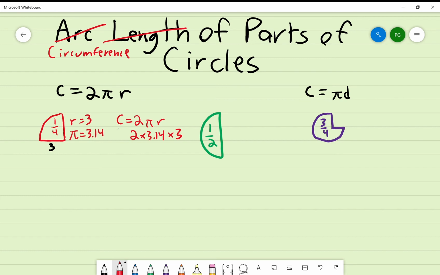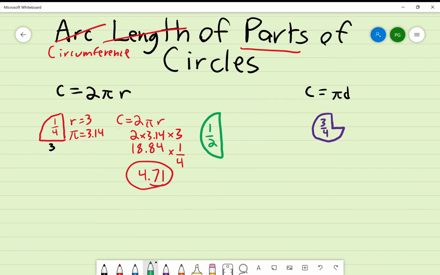In the calculator, 2 times 3.14 times 3 equals 18.84. Or is it? Remember, 18.84 would be the circumference of the whole circle. But you're finding a quarter of a circle's circumference. So you're going to take the answer that you just got and multiply it times 1/4. That will give you your final answer of 4.71. Remember, it's circumference of parts of circles.